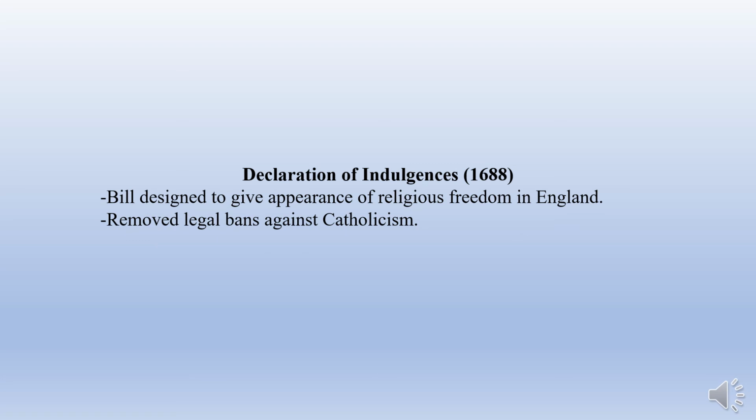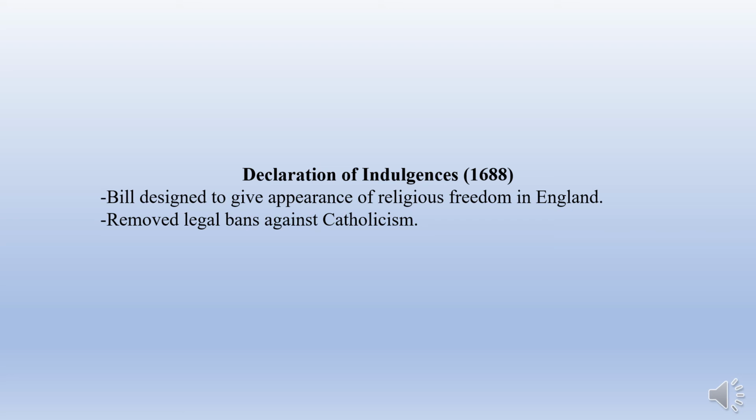Another bill that James the Second and Seventh has passed is called the Declaration of Indulgences. And this is a bill that is designed to give the appearance of more religious freedom in England. And what it's going to do is it's designed to remove some of the legal bans against Catholicism.